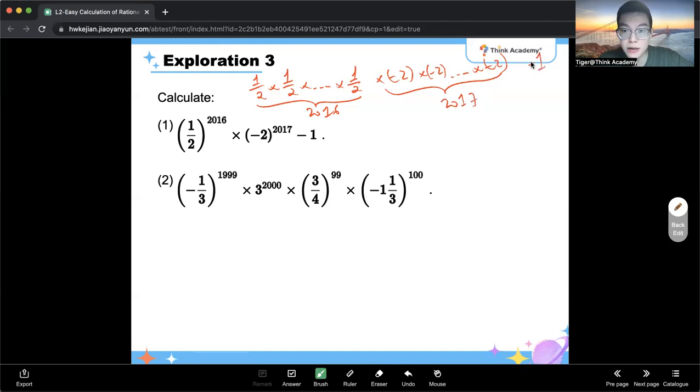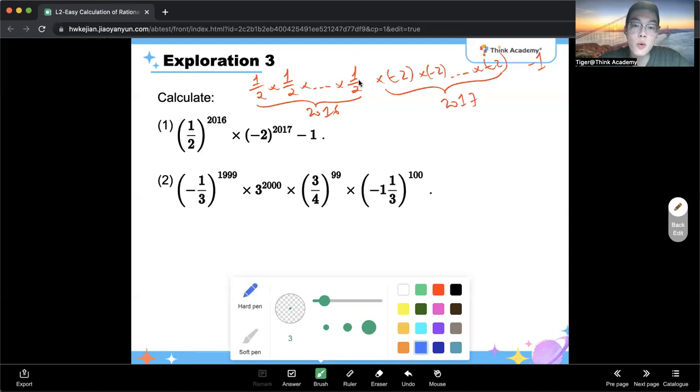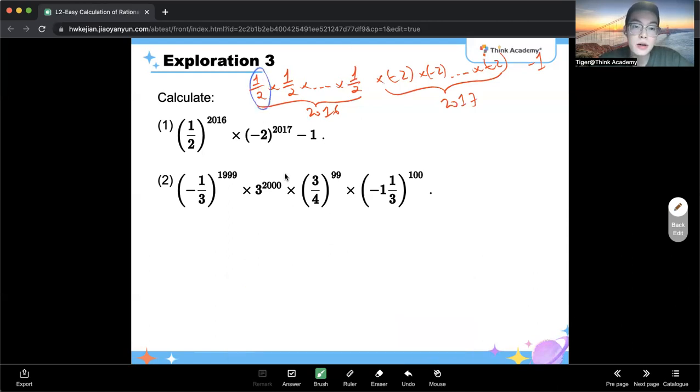And then I'm subtracting 1 from it, right? So if you split it up, you can see that every single one of the 1/2s multiplying every single one of the minus 2s is equal to minus 1. So how many groups like that can I form?